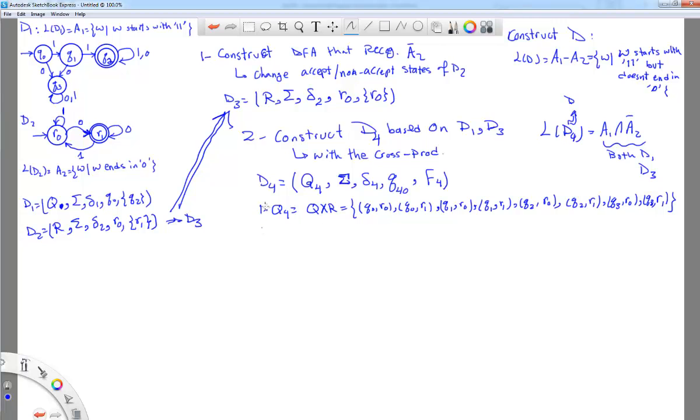So that's the set of states of my constructed machine. The sigma is the same for all three, so it's going to be the set 0 and 1.